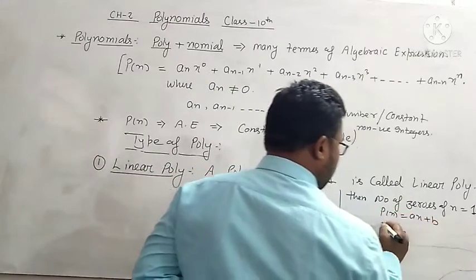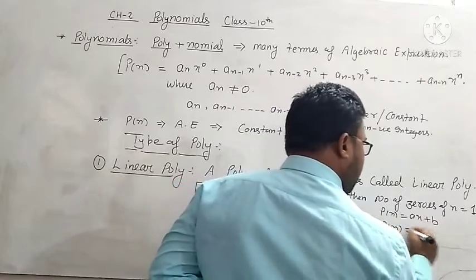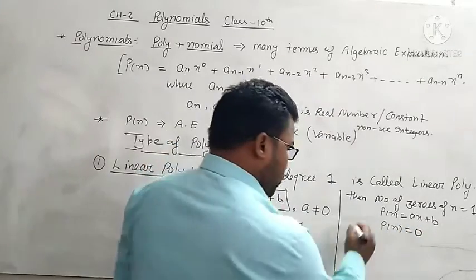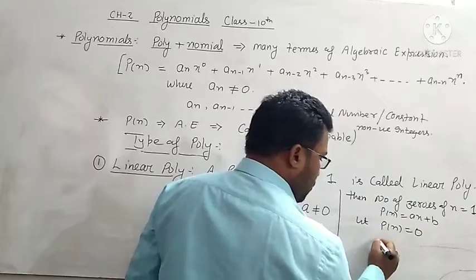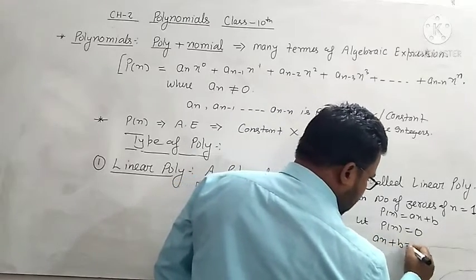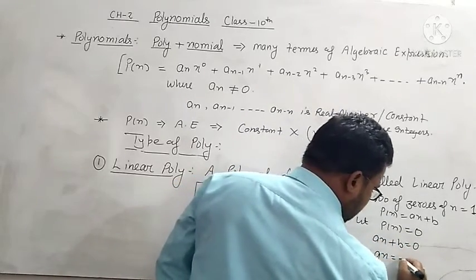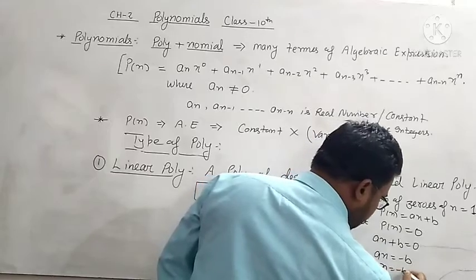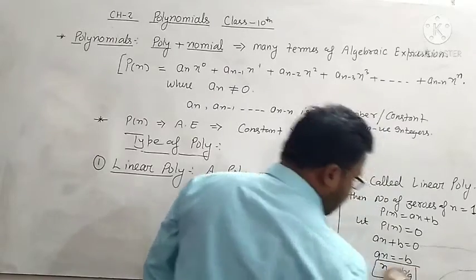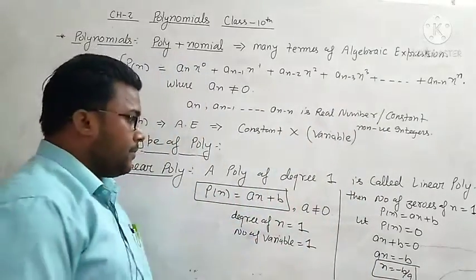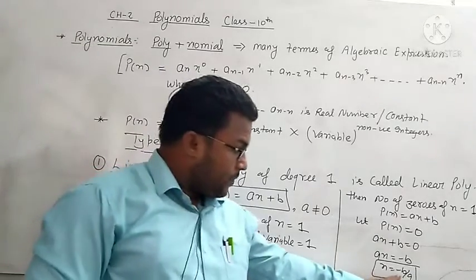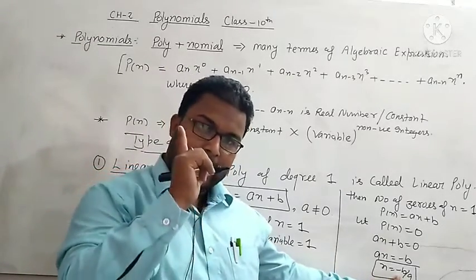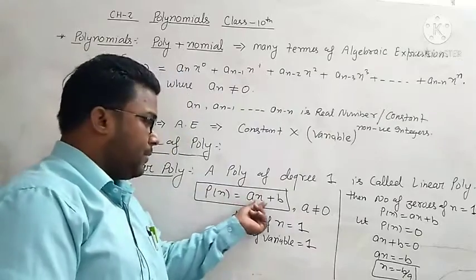Suppose p(x) is equal to 0. Then ax plus b is equal to 0, ax is equal to minus b, x is equal to minus b by a. So x is equal to minus b by a is the only one solution of the variable x.